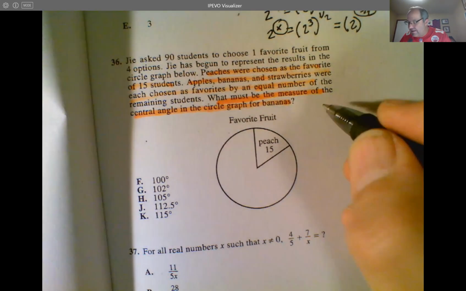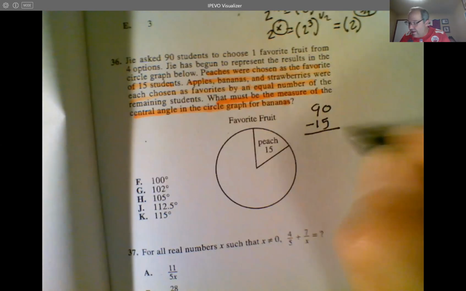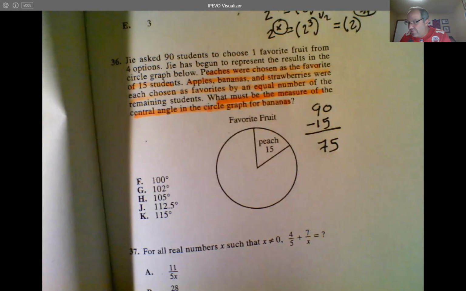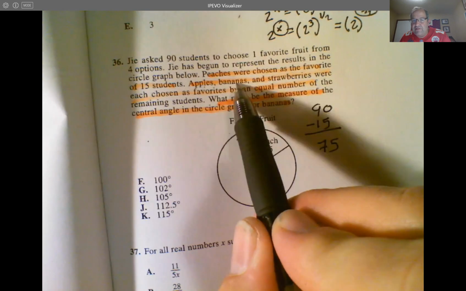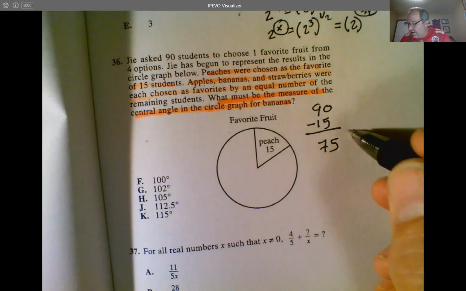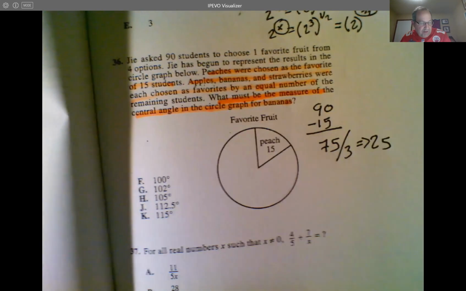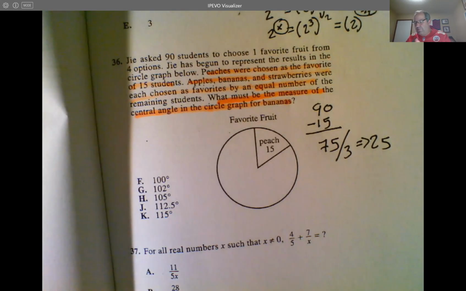So if I take the 90 students and subtract the 15 peaches, I'm going to get 75 students left. Now, those 75, they each chose an equal amount of apples, bananas, and strawberries. So if I just divide by 3, I'm going to get an answer of 25. Now, ACT is really nice and did not have 25 as an answer because some people might have chosen that.